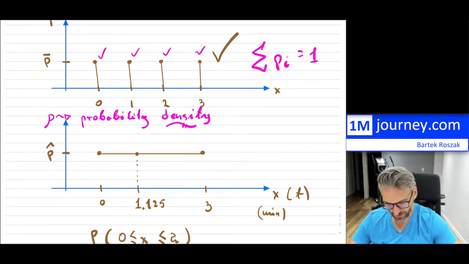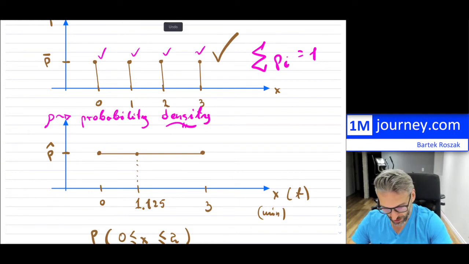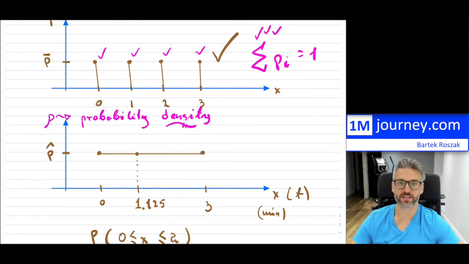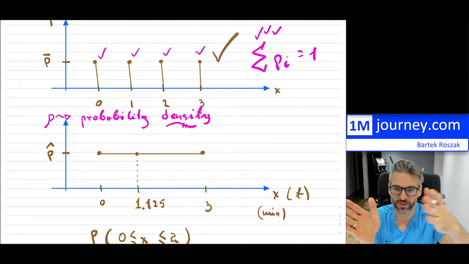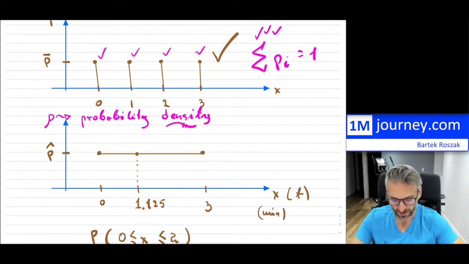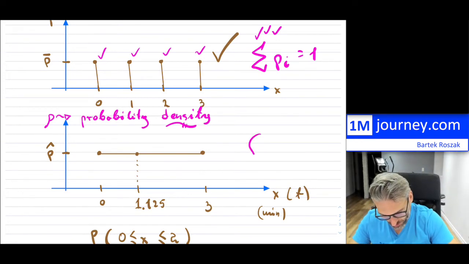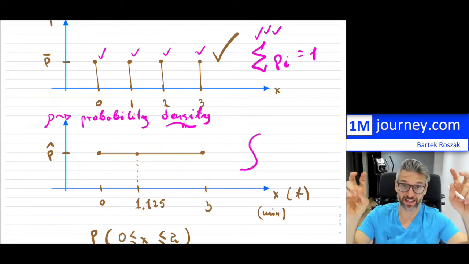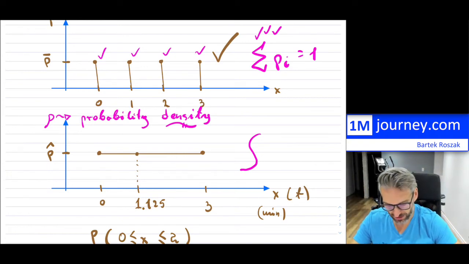Now, because we have a continuous variable in here, we cannot use this symbol of a sum, the sigma. Instead, what we use for continuous, because it's across every single point, is again a sum, but a different type of sum.